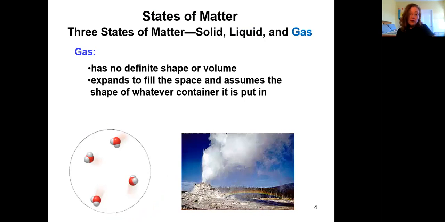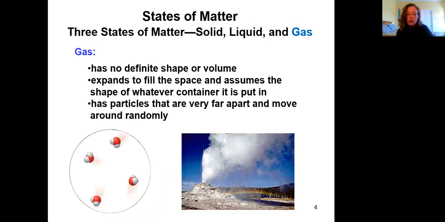They may just not be as closely packed. The particles will stay as far apart as possible. They'll move around randomly, bump into each other or into the walls of the container, bounce off, and move on their way again. And again, we're going to see a lot about these in chapter 7.